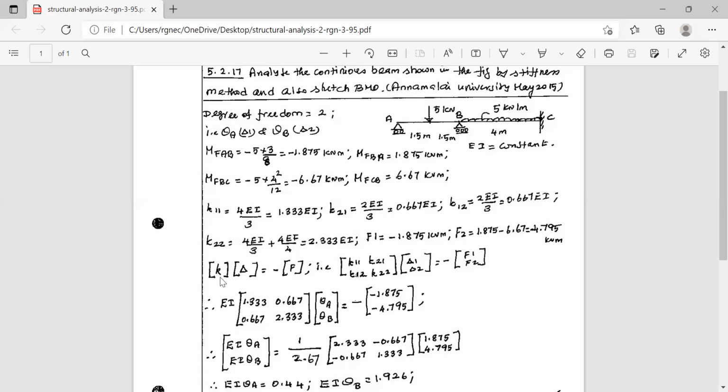So this is K, the stiffness coefficient, into delta. Delta is the displacement. Here the displacement is theta A and theta B. K is the stiffness coefficient, that is the four values K11, K12, K21, K22, they are calculated.